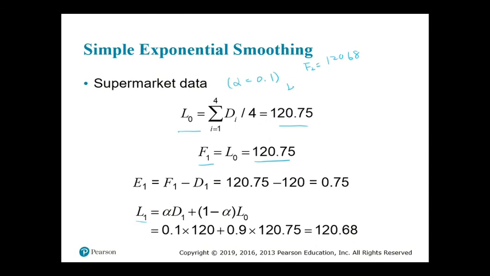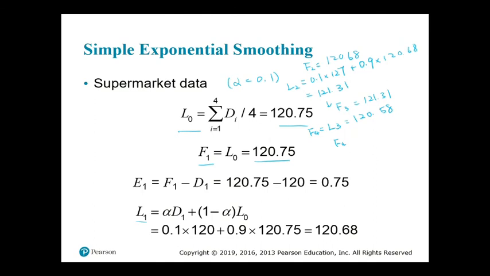And L2 is 0.1 times D2, which is 127, plus 0.9 times L1, and equals 121.31. And then you can update: F3 is equal to 121.31 and L3 equals 120.58, and then F4 is equal to L3.